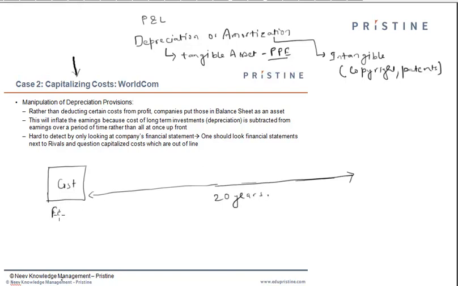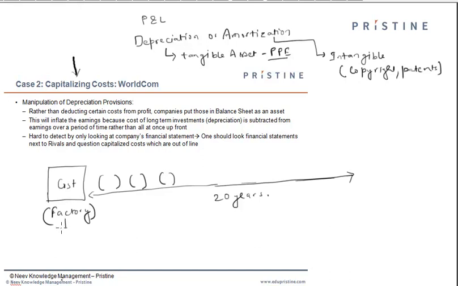The benefit of setting up a factory is going to happen over the next 20 or 25 years, the lifespan of this factory. So rather than incurring the cost of the factory in a single year, we divide the entire cost of the factory by 20 or 25 years, assuming straight line depreciation. In each year we allocate a certain portion of the cost, and this portion is known as depreciation.